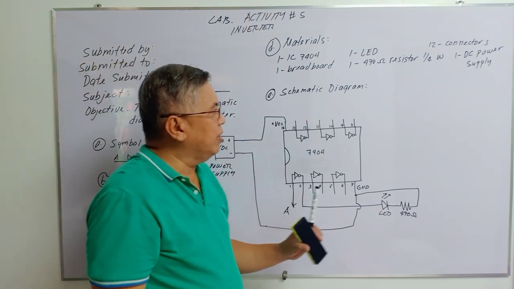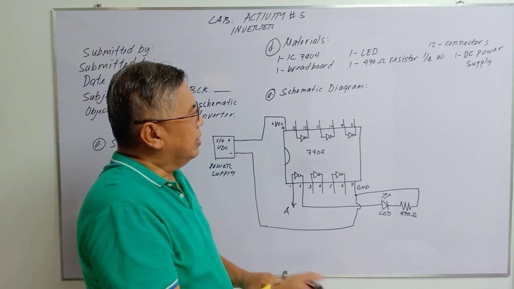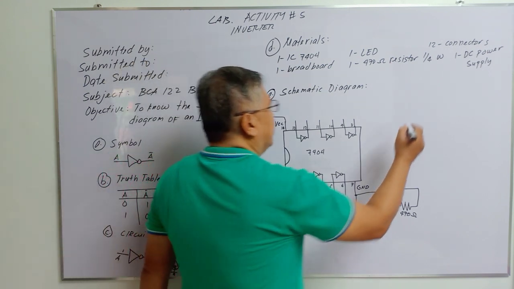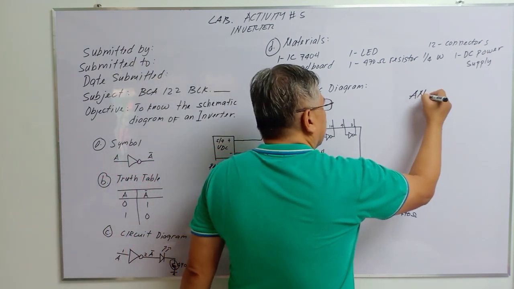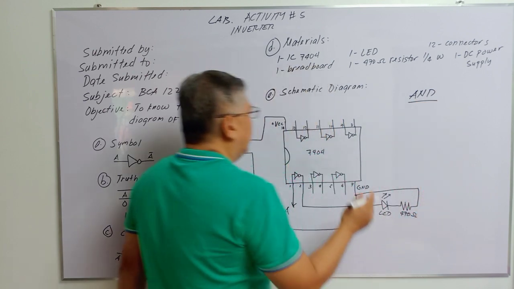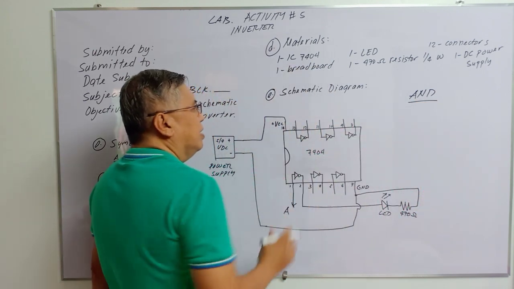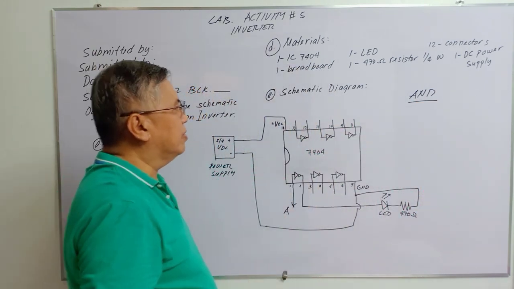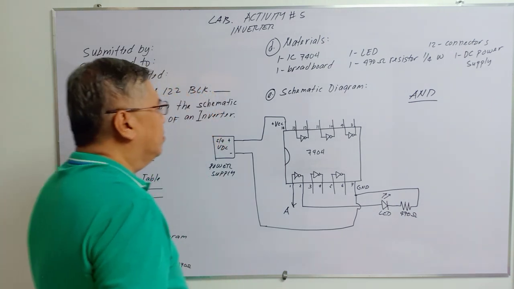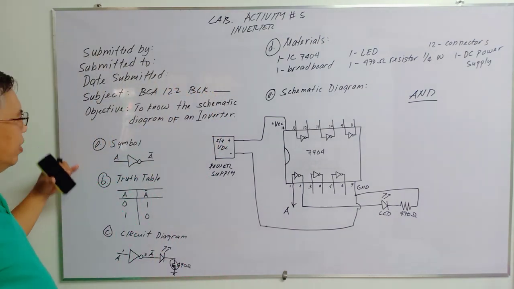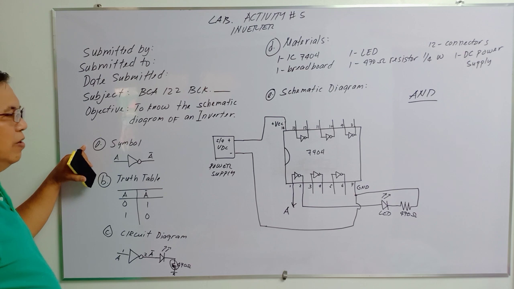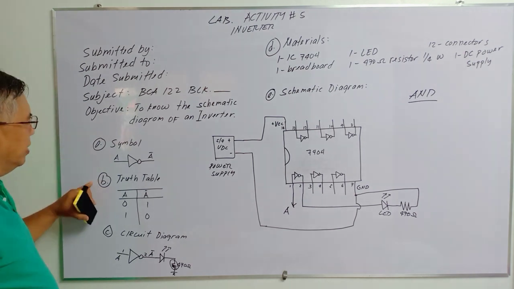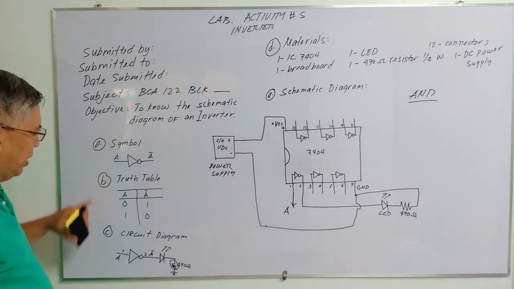So, for example, if you have the AND gate in your experiment, you search for the schematic diagram of your AND gate. Of course, you also have to provide the requirements here. What is the symbol of a 2-input AND gate? The truth table of a 2-input AND gate.